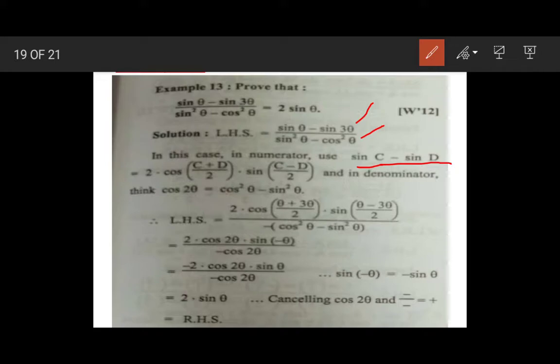So from the factorization formula we get this as 2 cos (c plus d) upon 2 into sin (c minus d) upon 2. The denominator is nothing but the formula of cos 2 theta, but cos 2 theta is cos square theta minus sin square theta, and here it is sin square theta minus cos square theta. So from the denominator we have to take minus common.